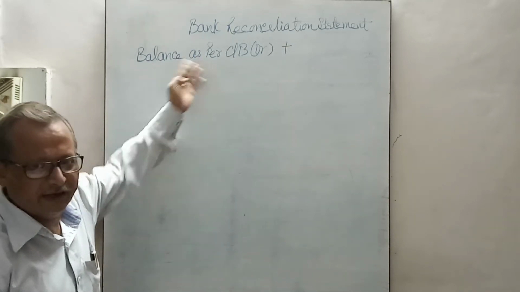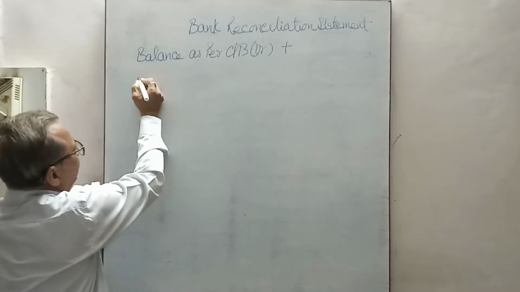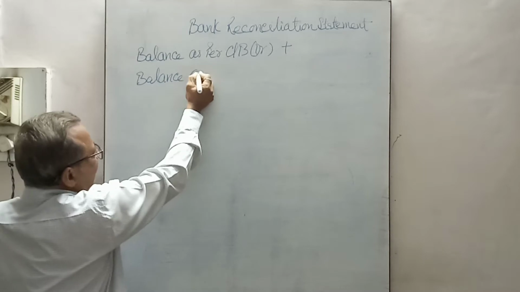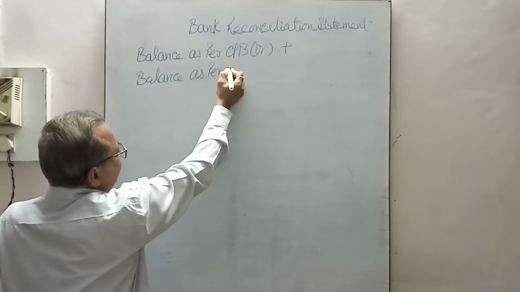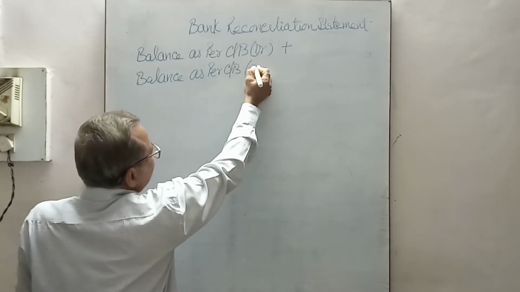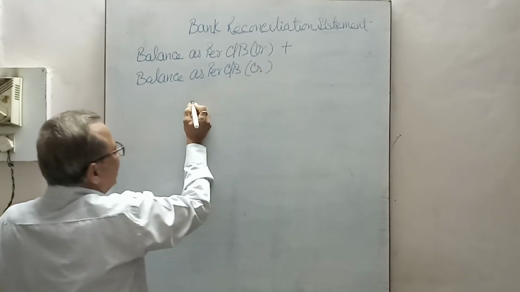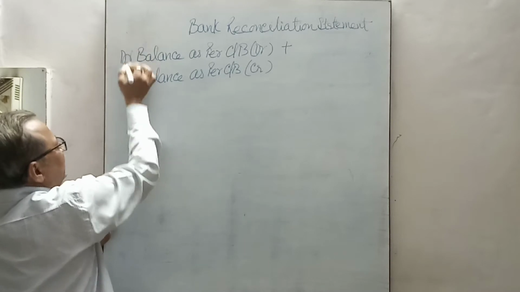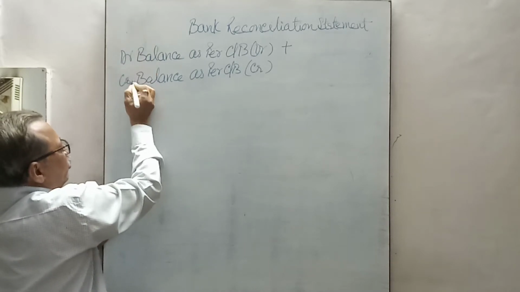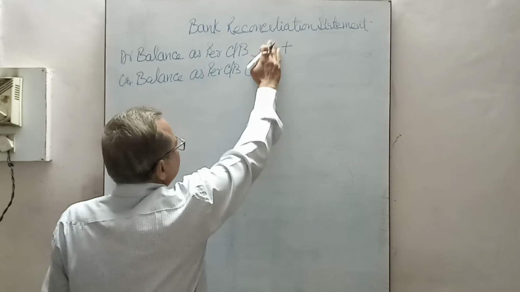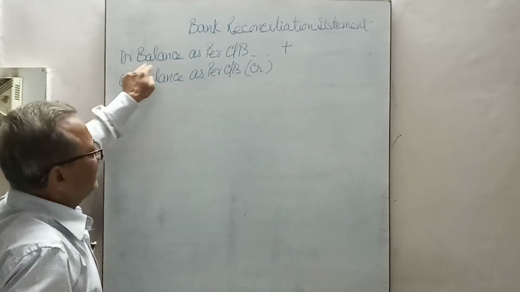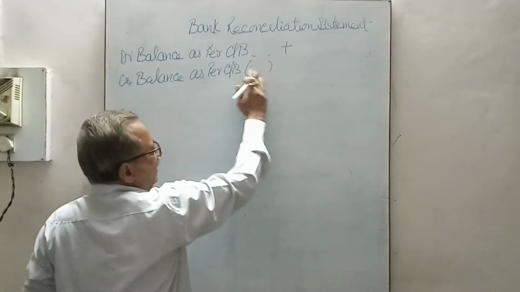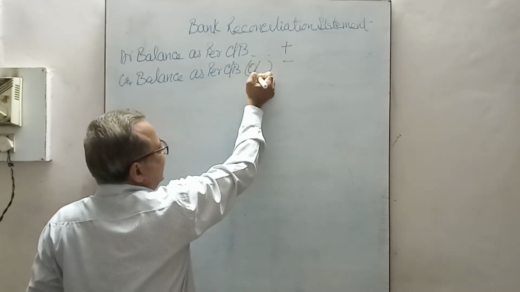Or we will take the balance as per cash book that is credit balance or overdraft balance. It is better to understand if you write debit balance, credit balance. Debit balance per cash book is positive balance, credit balance as per cash book is negative balance, that is also called overdraft.